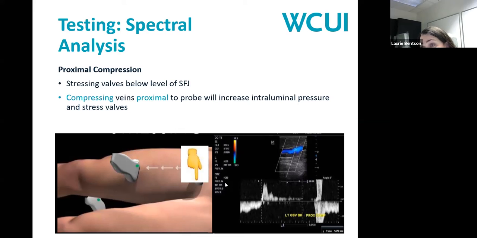If the patient cannot perform the Valsalva maneuver, you could just press into the pelvis area or even onto the abdomen, press down to increase that venous intraluminal pressure and hopefully stress the valve so that we can test them. The proximal compression is a very useful tool to evaluate veins that are farther down into the leg, deeper, like the femoral vein and the popliteal vein.